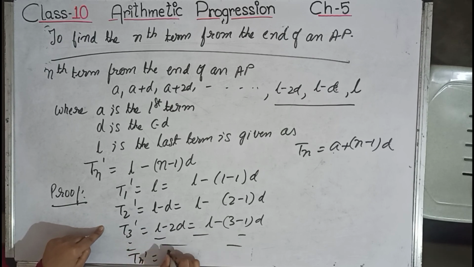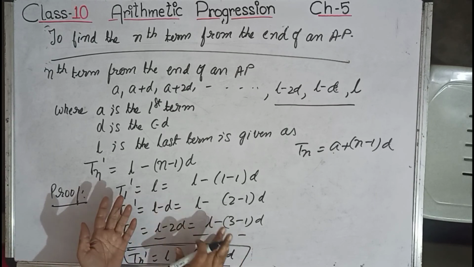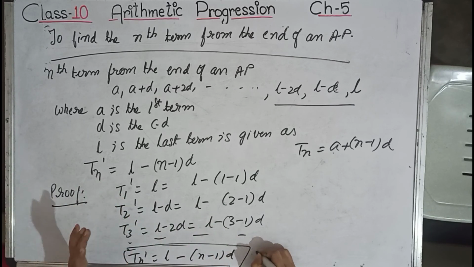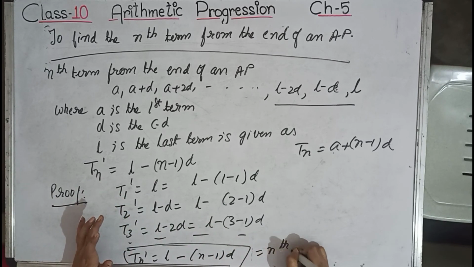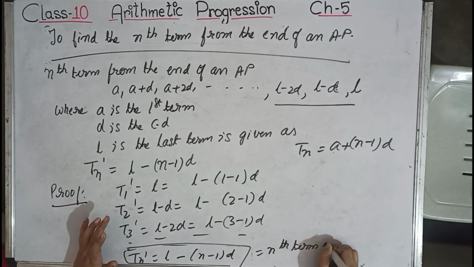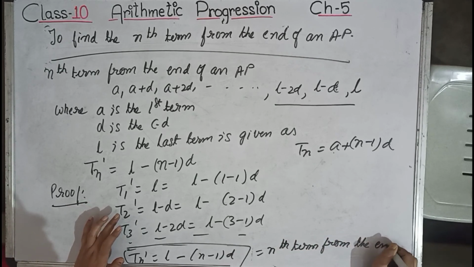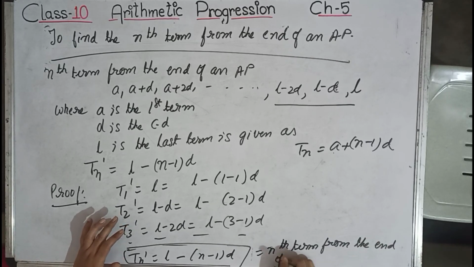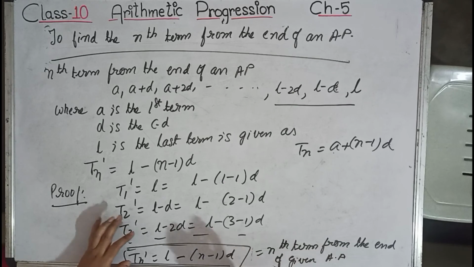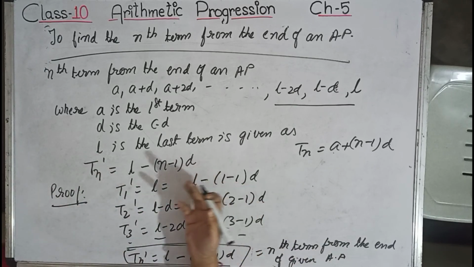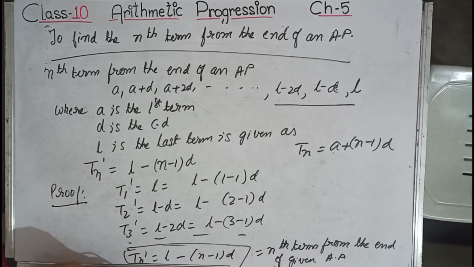Therefore Tn dash equals L minus of n minus 1 into D is the formula for the nth term from the end of a given AP. This concept may be required in some cases, so keep it in mind.